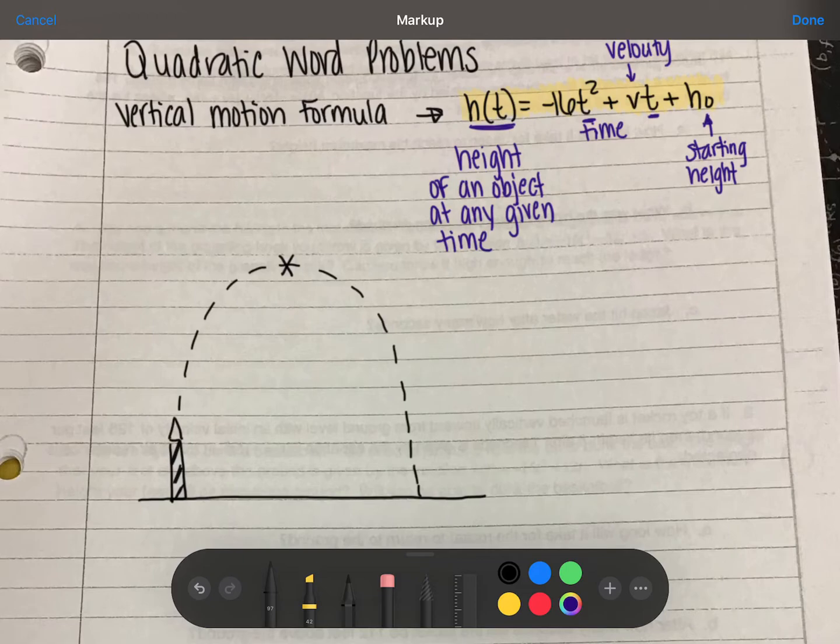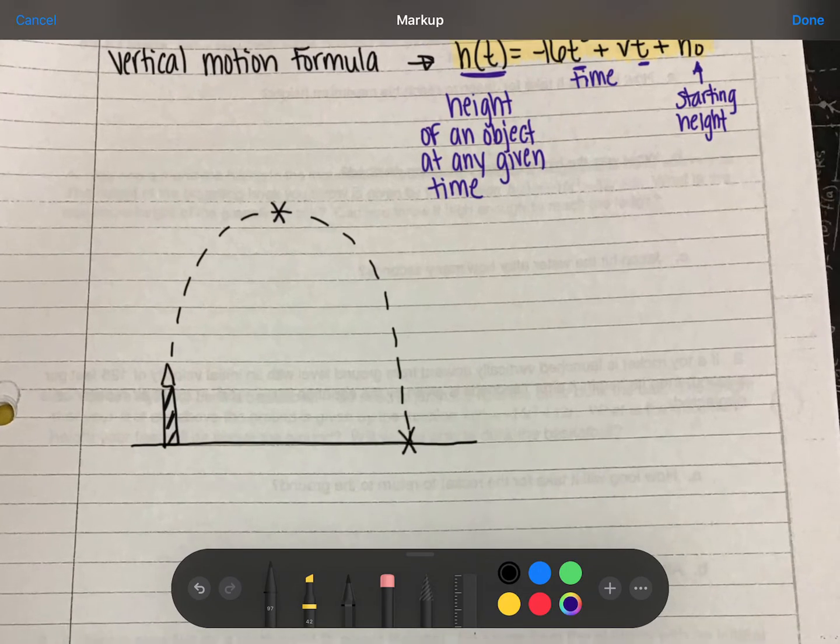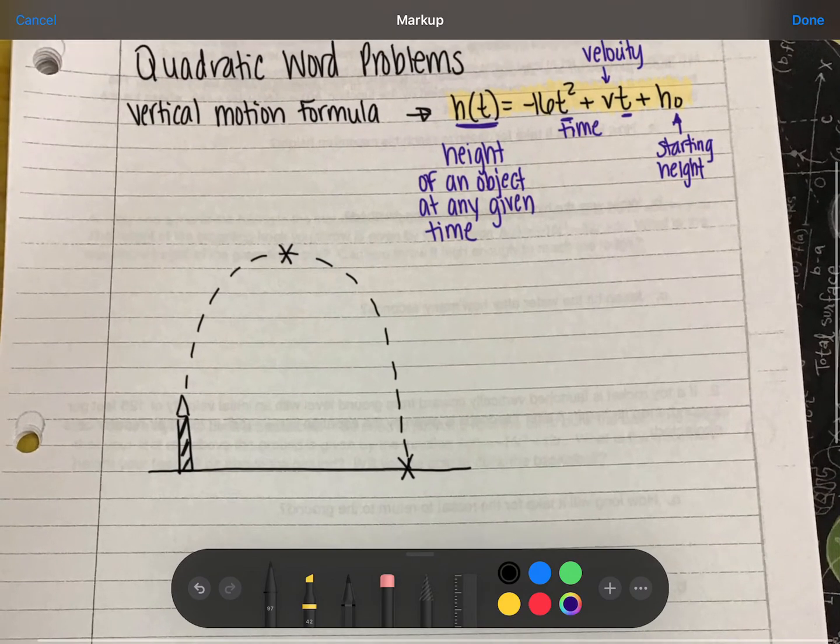Then they're going to ask you, what is the maximum height? They're also going to ask you, how long does it take the object to hit the ground? Or if you're jumping into the water, how long does it take for you to land in the water? So those are some of the questions that you're going to see. Or if you're dunking a basketball or anything like that.